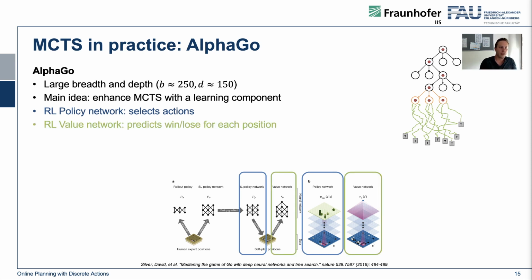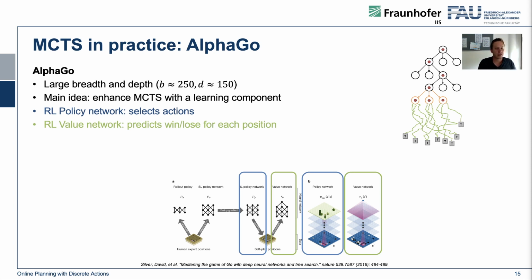The other one is the value network. The RL value network predicts, given the position, the probability of winning or losing the game. These are the two components that interact with each other.